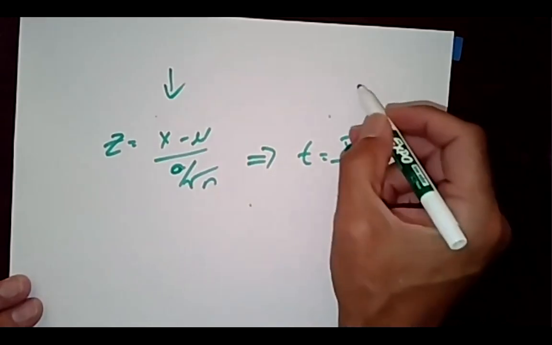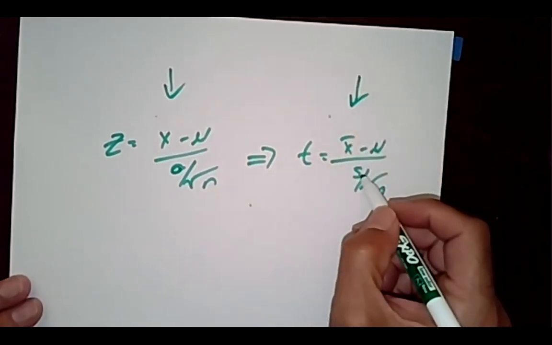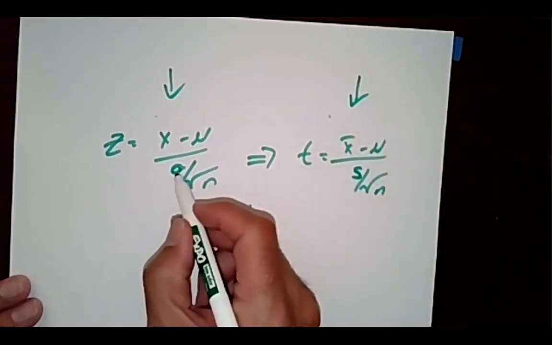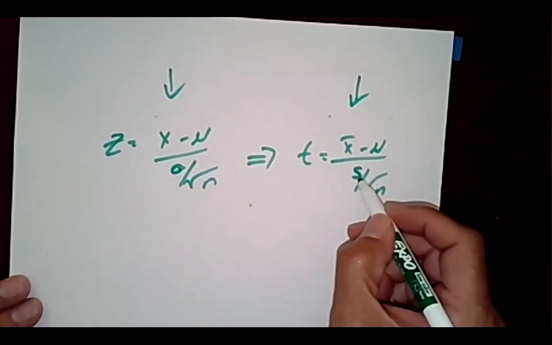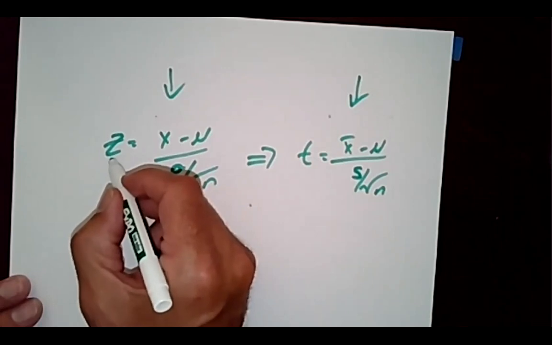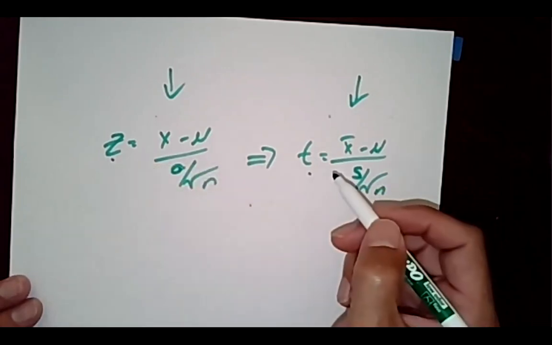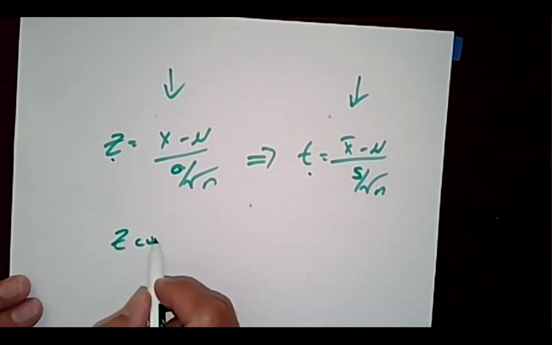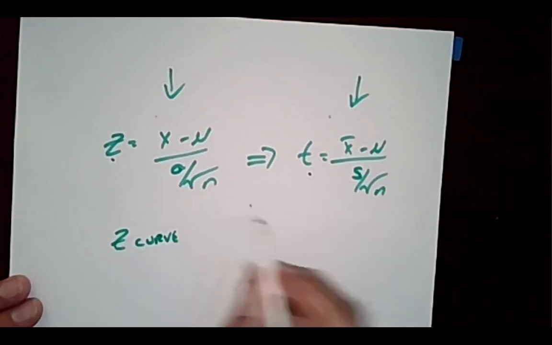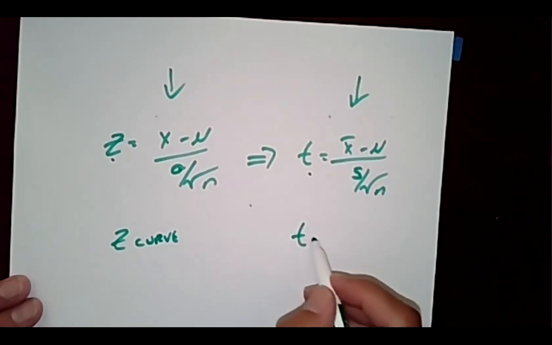With sigma unknown, we use this formula. Now notice how we have, this is sigma, this is S. This is known as the Z curve. This is known as the T curve. So we have a Z curve, and now we're changing things up. This is known as the T curve.